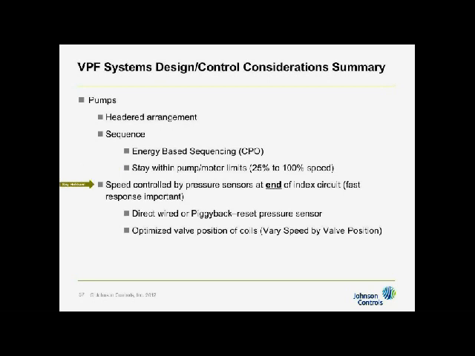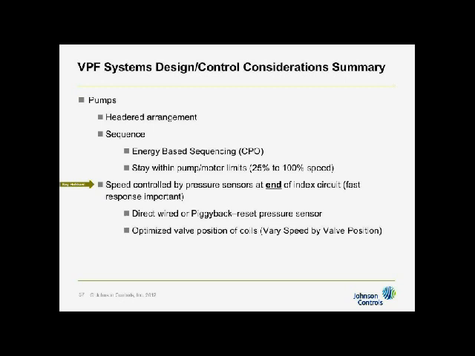Speed should be controlled by 2 possible methods. One was pressure and the other is valve position. With pressure, we want to make sure we do not locate the pressure sensor in the plant ever, not to control ultimately the speed forever. There's a way in which you can do it from the plant, but I'll explain that in a minute.